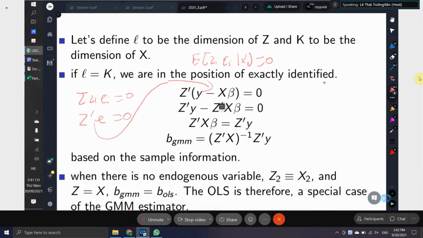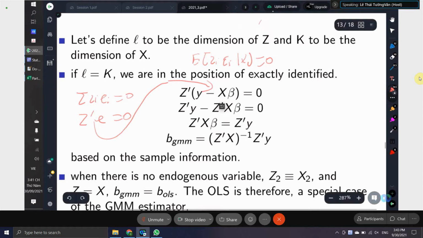That is nothing more than the condition here. It is similar to the case where we have X prime e is 0, which is what we have in the ordinary least squares. However, in this case, X includes X1 and X2, and X2 are endogenous. We have to find the new instruments replacing X2, and then we have the Z matrix of instruments.